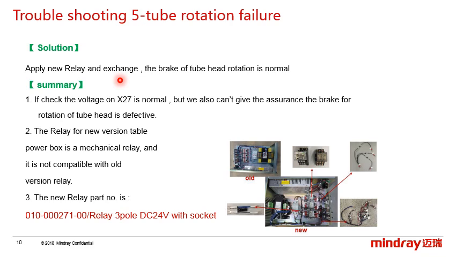So from this case, what can we learn? First, we have to check the input of the brake. But even if the input is normal, we still cannot assure that the brake of the tube rotation is not defective.